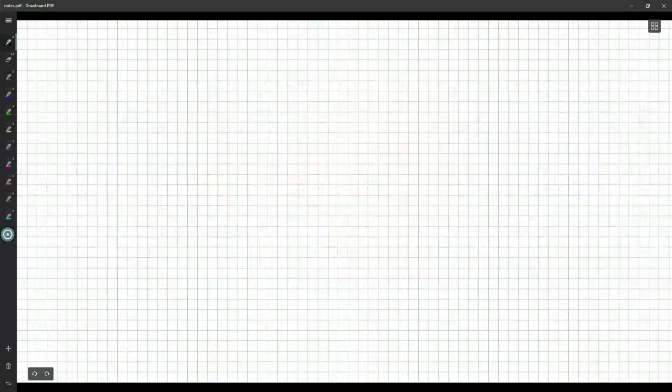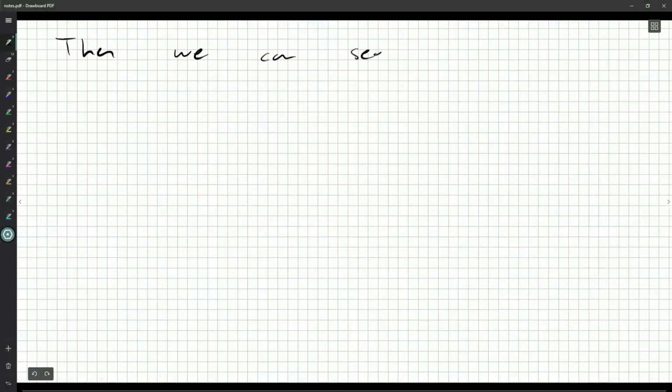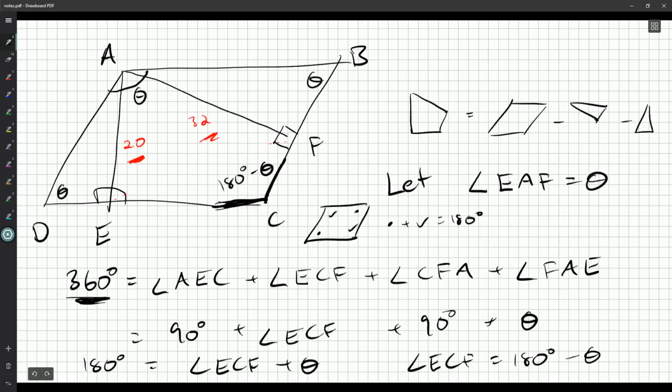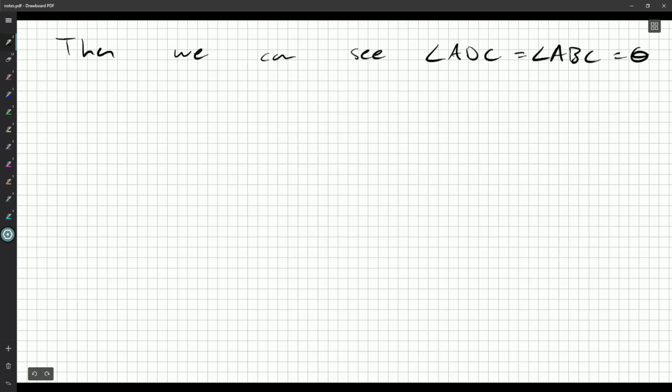And I much prefer my plan of parallelogram minus the two right-angle triangles, especially now considering I've come this far. So we'll say something like, then we can see ADC and ABC is theta. I don't have to, I mean, as long as it's clearly labeled on our picture, we're good to go.